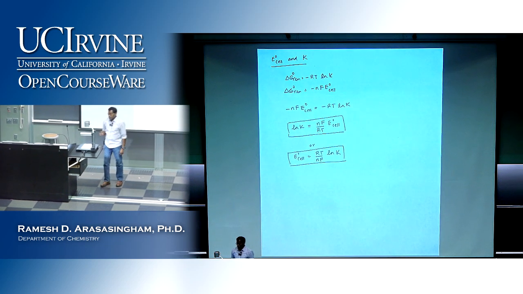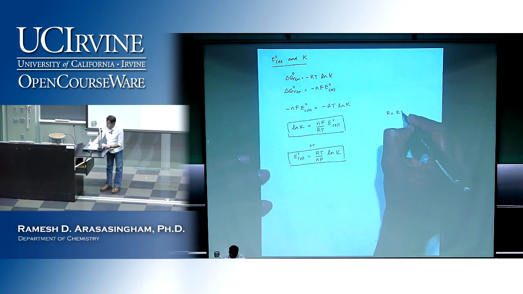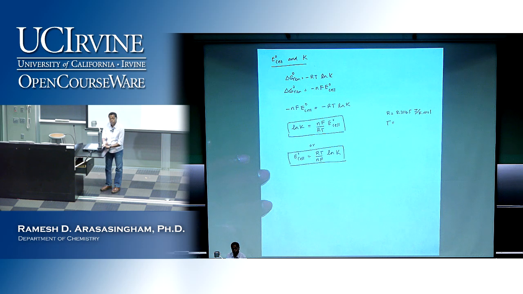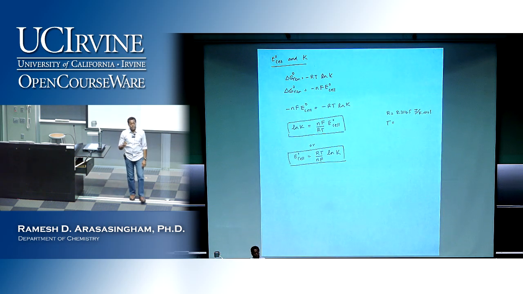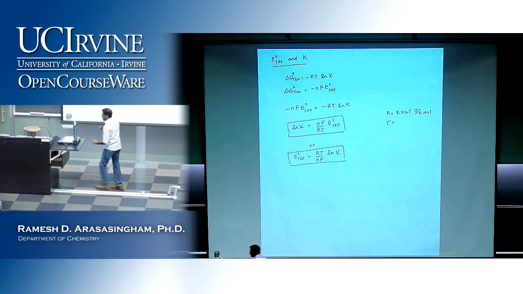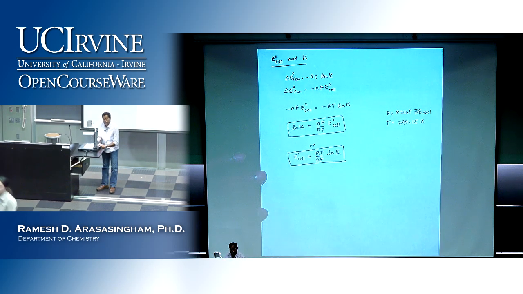And then we said that R is a constant, 8.3145 joules per Kelvin per mole. We said that temperature is absolute temperature, in Kelvin, and if we're at room temperature, 25 degrees Celsius, then this would come out to be 298.15 Kelvin.